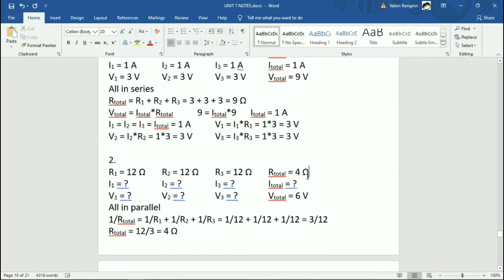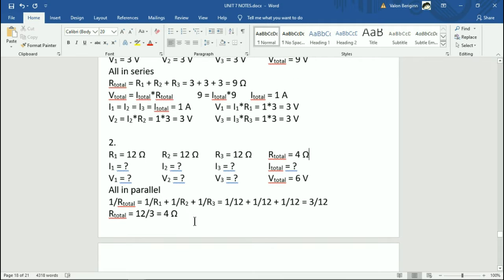And now, we have R total and V total, so we can solve for I total. So we have 6 equals I total times 4. So I total is going to equal 1.5 amps.